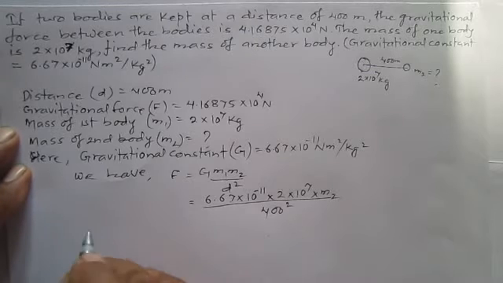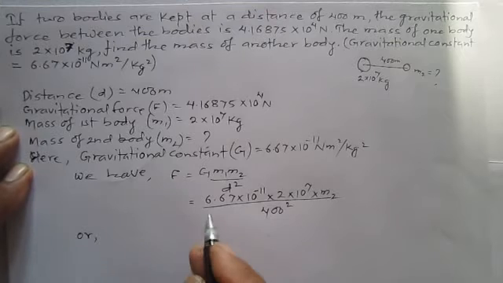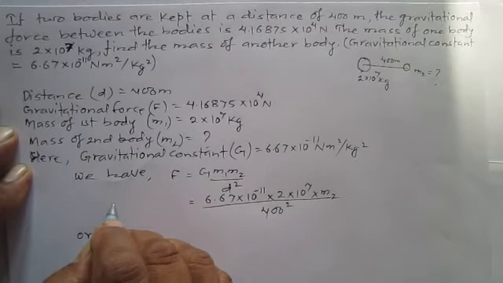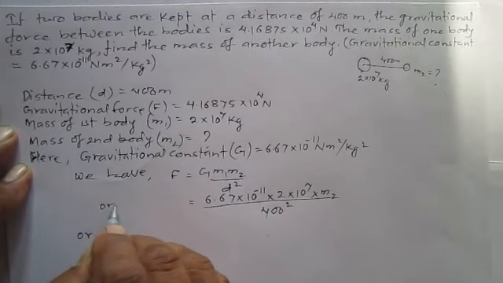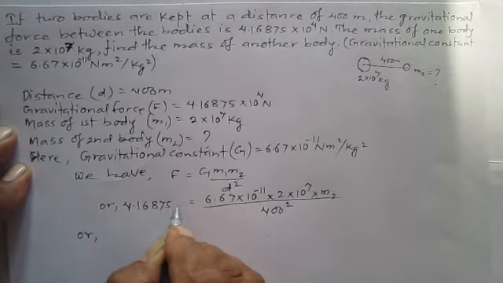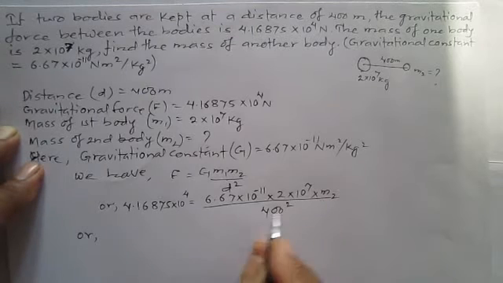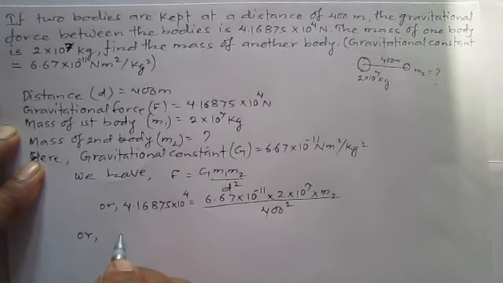Okay, now what to do? F is also given. That's why I want to write the value of F also here. This F is given here: 4.16875 into 10 to the power 4. Now we have to take M2 to one side.